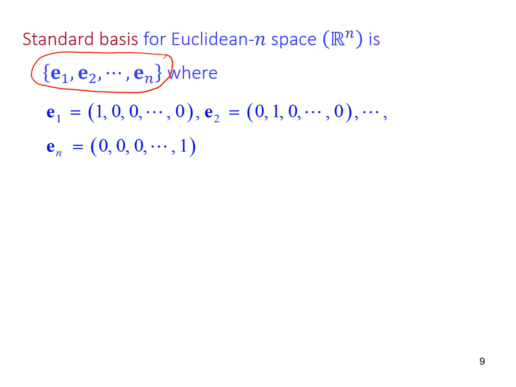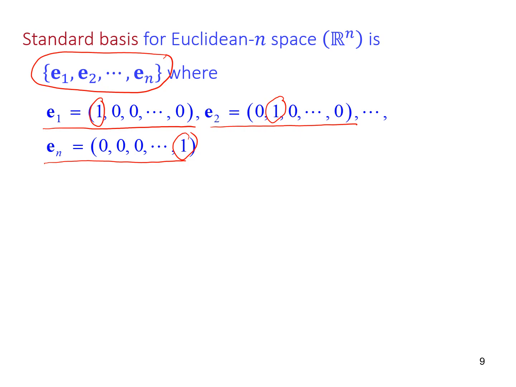Let us denote them by E1, E2, up to En, where E1 is a vector where the first component is 1 and the rest of the components are all 0. For E2, the second component is 1 and the rest of the components are 0. The same goes for the other vectors. For En, the last component, the n-th component, is 1 and the rest are all zeros.